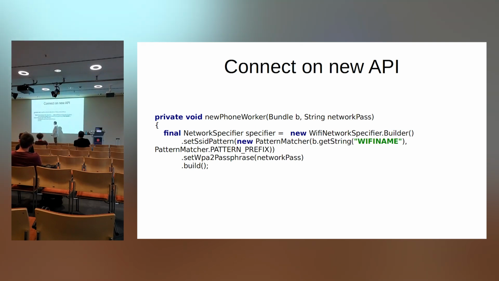A network specifier object is much like if you sit in the cigar lounge and you send your helper to get you alcohol. And you don't know what alcohol is available in the lounge, so you tell him, hey, listen, just get me a whiskey, preferably Maker's Mark, but I'm also going to take some Japanese one, so go and get. And much the same is expressed in this network specifier object.